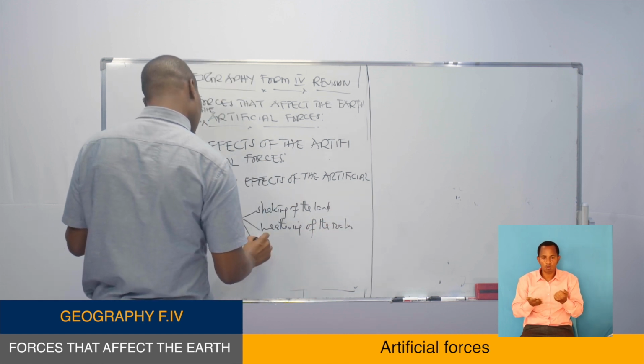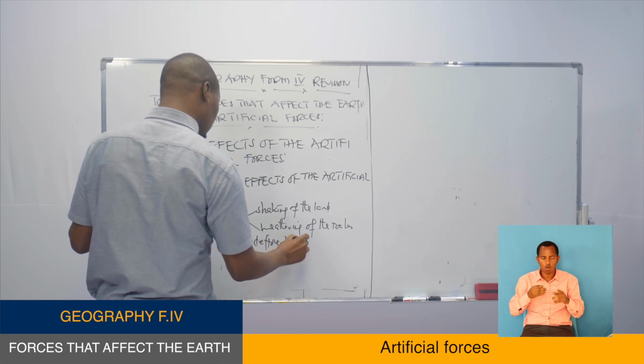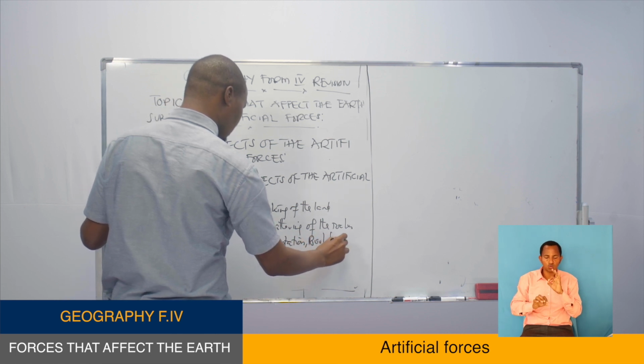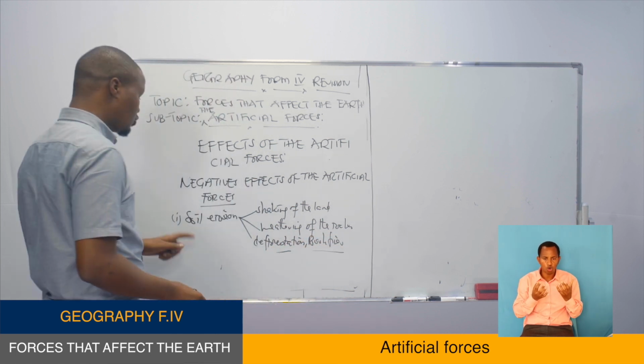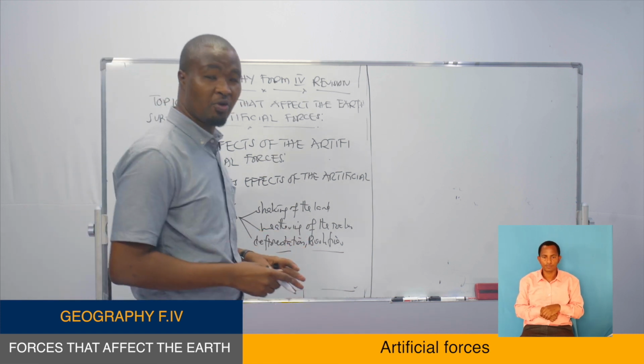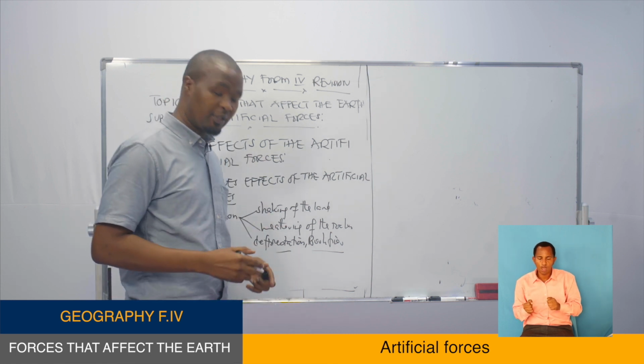See? Deforestation, for instance. Bushfire. All of these may result in what we call soil erosion. They remove the upper part of the soil to somewhere else by the erosion agents. We call it soil erosion.